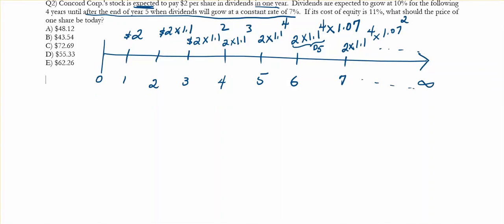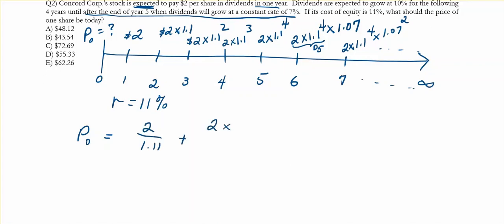The cost of equity is 11%. Now, the way that I would do this is to just discount all of these first 5 years of dividends individually.